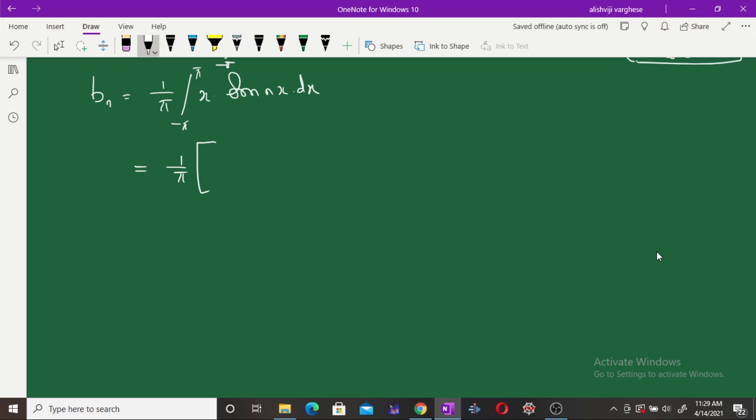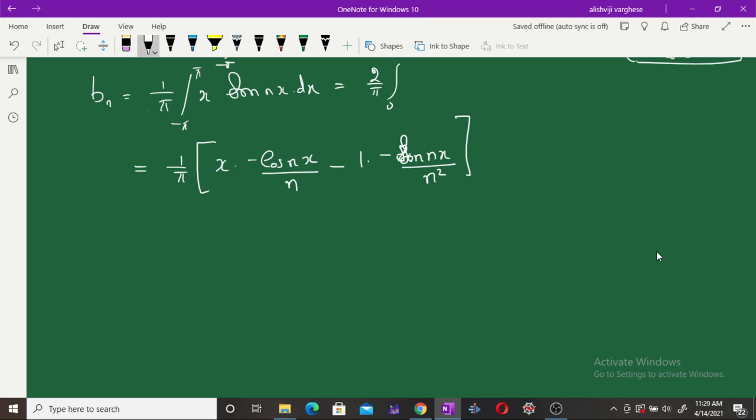Then first function into integral of the second, sine nx, the integral is minus cos nx by n, then minus derivative of the first into integral of this, that is minus cos nx derivative is sine nx by n square, in between the limits minus pi and pi.